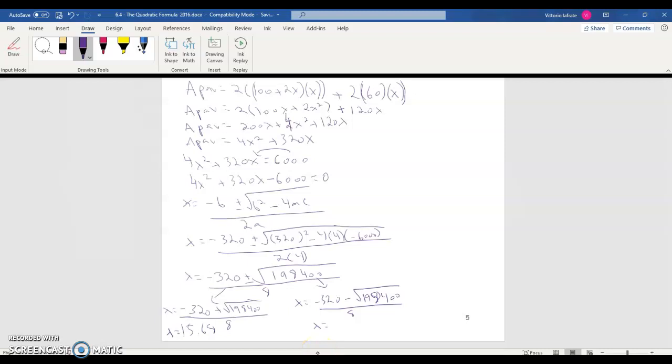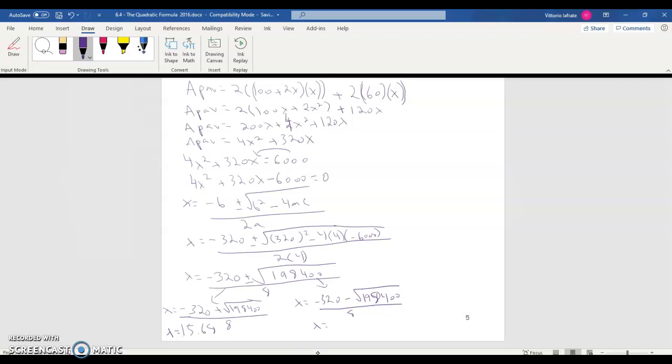And we should get x is equal to, so let's try that again. So we get square root of 198,400. Then we do minus 320 divided by 8.